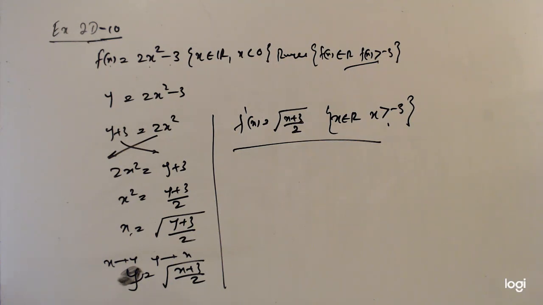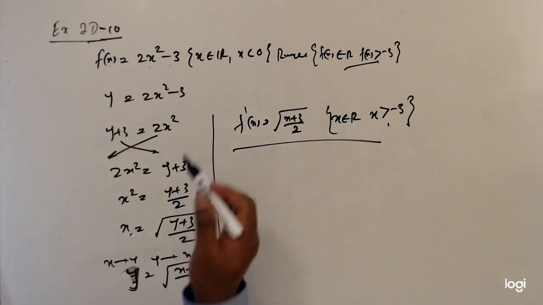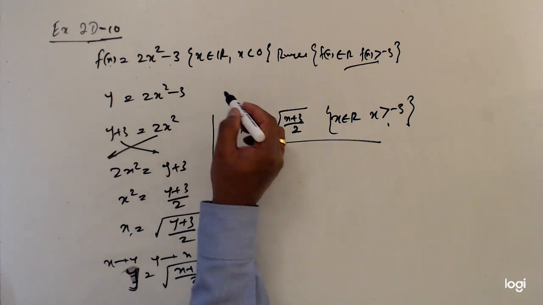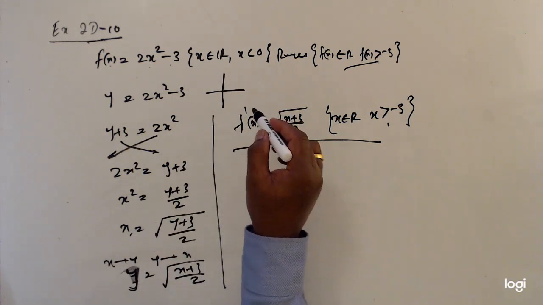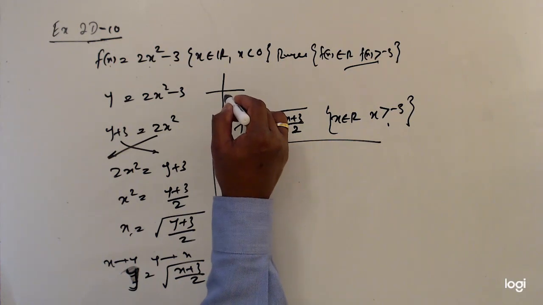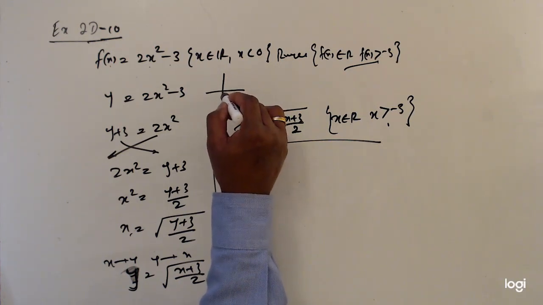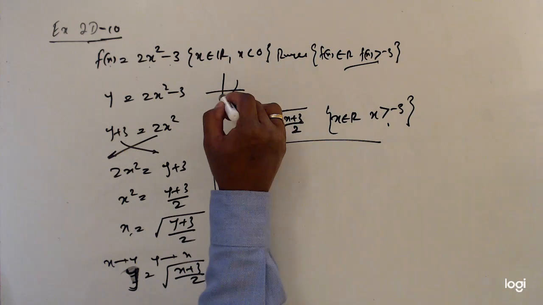Now what is the error? We should do this very carefully. Usually we come like this and end up, but now we should have two options when we select. One is this way, the other one is this way.